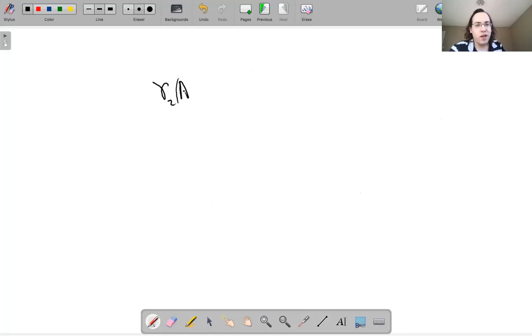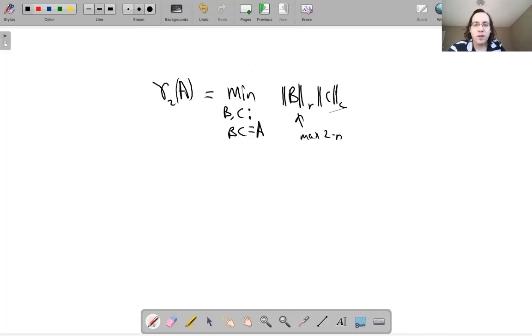The gamma 2 norm of A we can write as the minimum over matrices B and C such that B times C equals A, of the max 2 norm of a row of B, times the max 2 norm of a column of C.